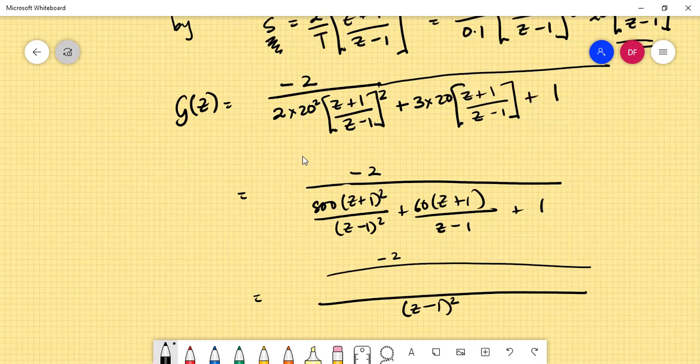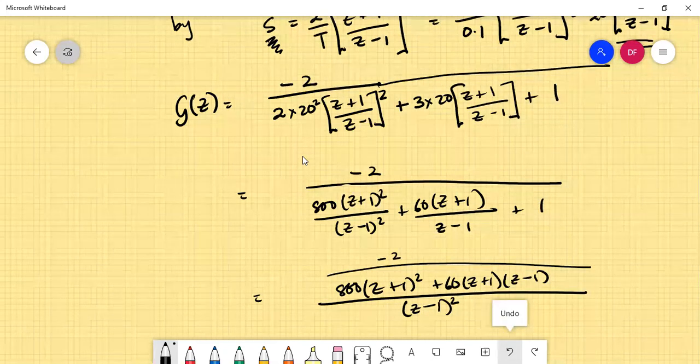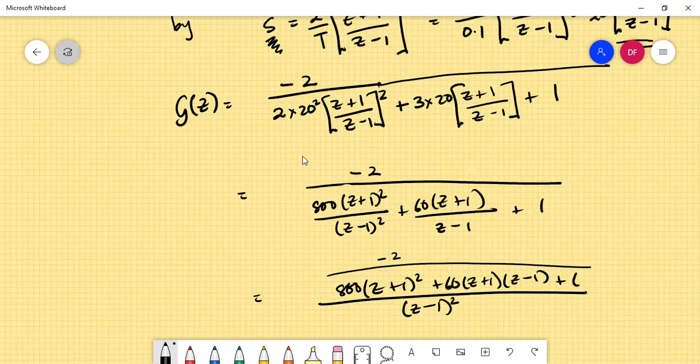So this is going to give me 800 (Z plus 1) squared plus 60 (Z plus 1)(Z minus 1) plus (Z minus 1) squared.